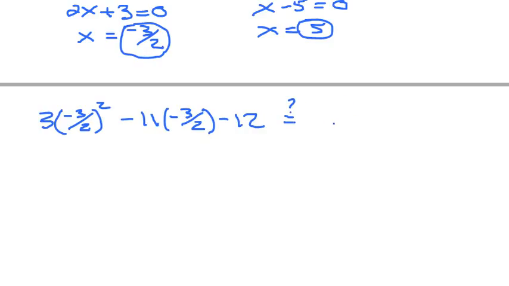So we're going to put a question mark here because we're not sure they're going to be equal just yet. Negative 3 halves squared minus 4 times negative 3 halves and plus 3. Okay. Man, who wants to do the math on this stuff?